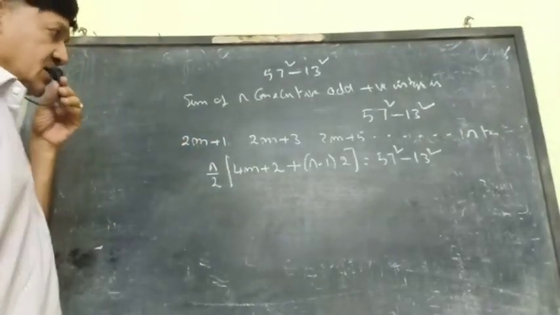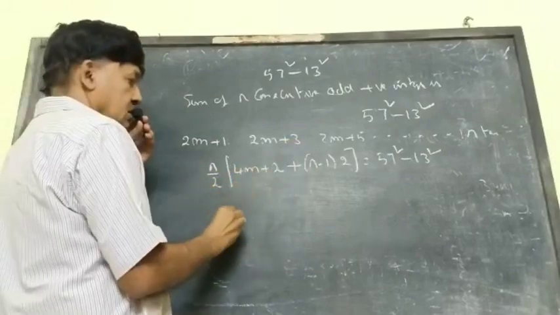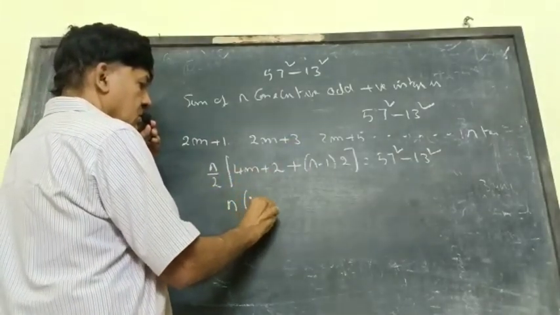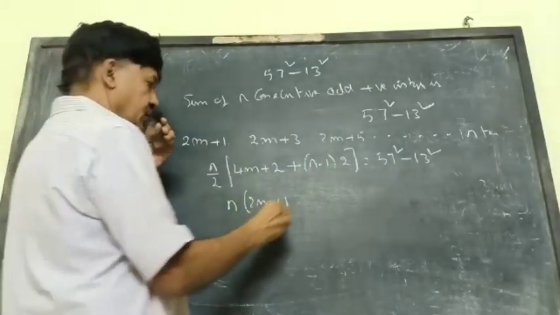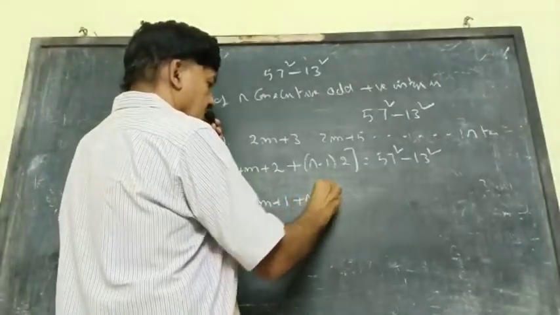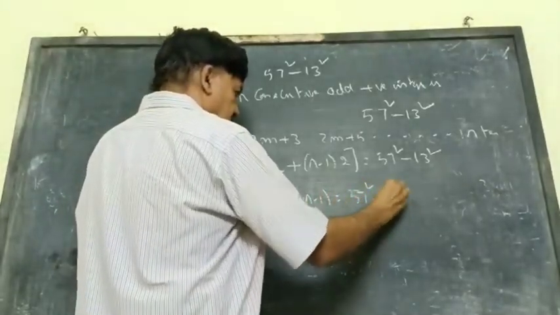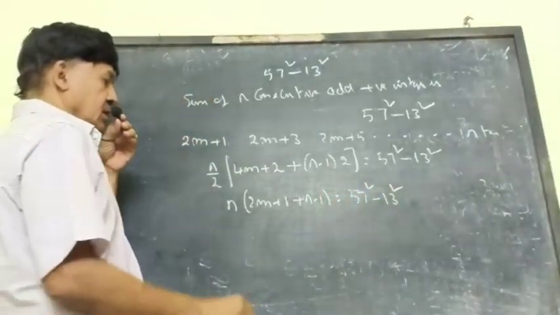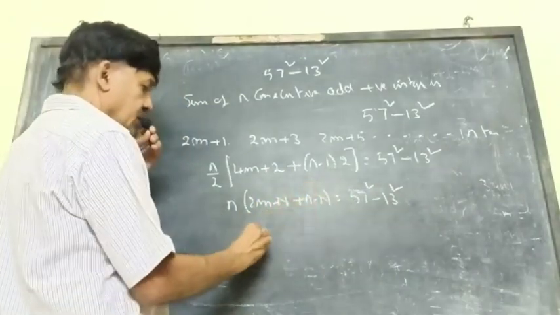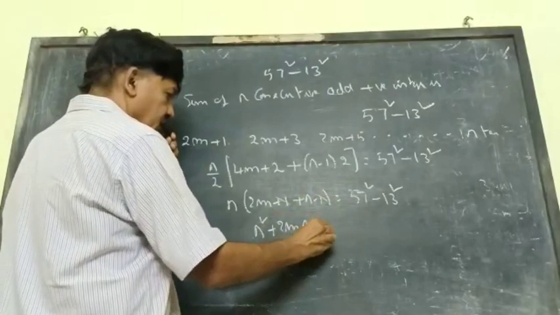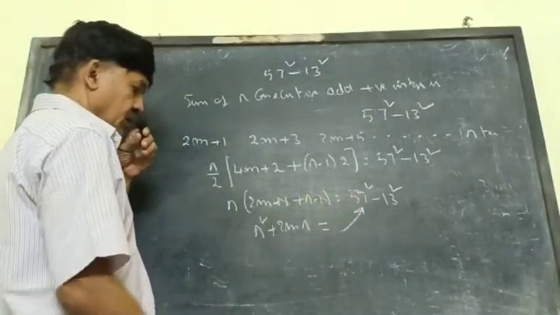You will get it like this. You can cancel 2 throughout. So n into 2m plus 1 plus n minus 1 is 57 square minus 13 square. 1 will go. This is n square plus 2mn is equal to this.